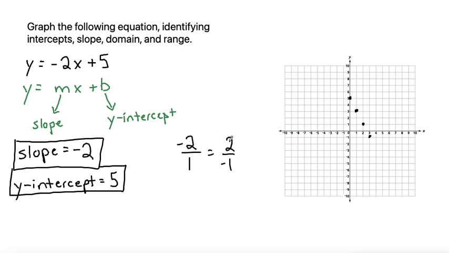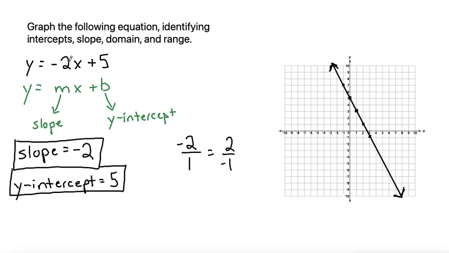Because the 2 is now positive, we go up 2, and the negative 1 means moving in the negative x direction, so left by 1. That gives us another point on the line. If we make a line out of it, it'll look something like this. And we know that it's going to continue in both directions, so we'll add an arrow. Okay, and that would be the graph of our equation.